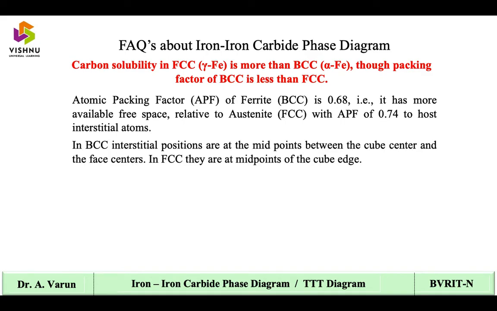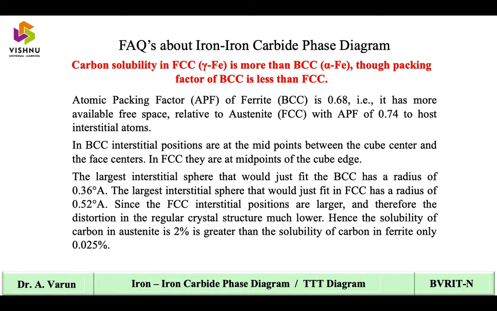Basically in BCC, interstitial positions are at the midpoints between the cube center and the face center, and in FCC they are at the midpoints of the cube edges, and that is one of the reasons why you have this kind of difference in solubility, because of the position. The structure itself has some difference in where interstitial positions are available for the carbon atoms to go and position themselves.